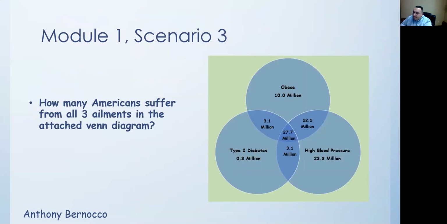Here's scenario 3. How many Americans suffer from all three ailments in the attached Venn diagram?